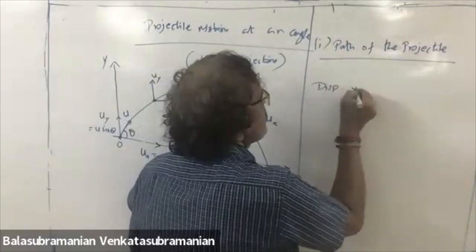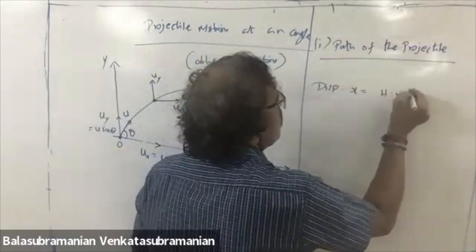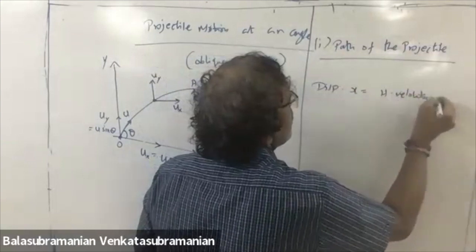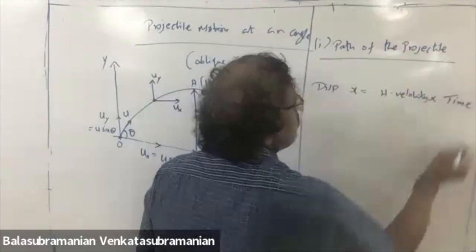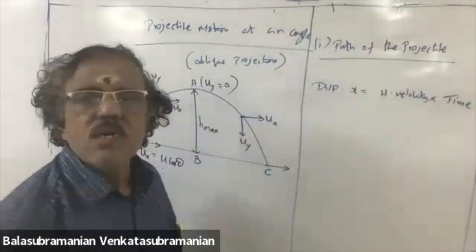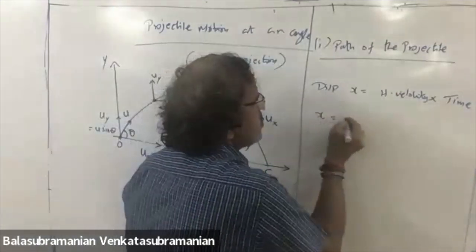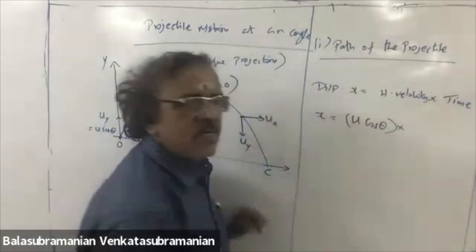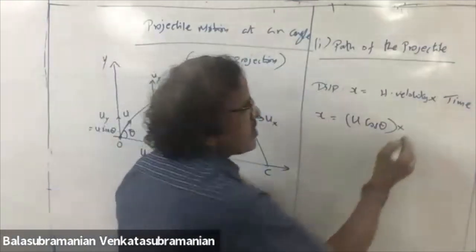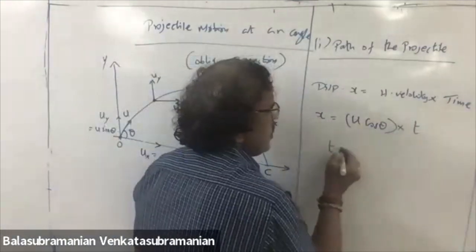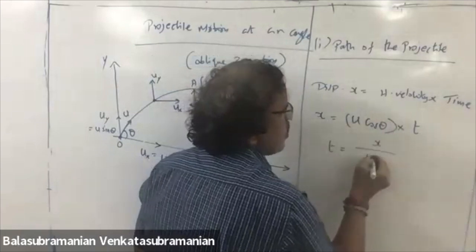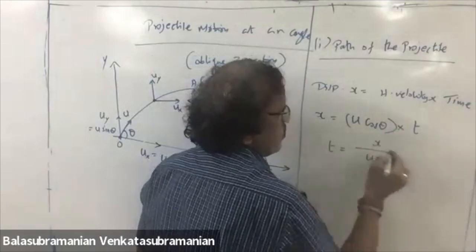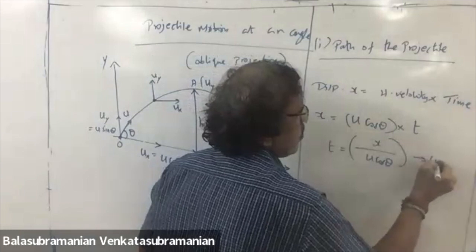Displacement x is equal to horizontal velocity into time. Horizontal velocity is u cos theta. Time we call t. So t is x by u cos theta. Equation 1.